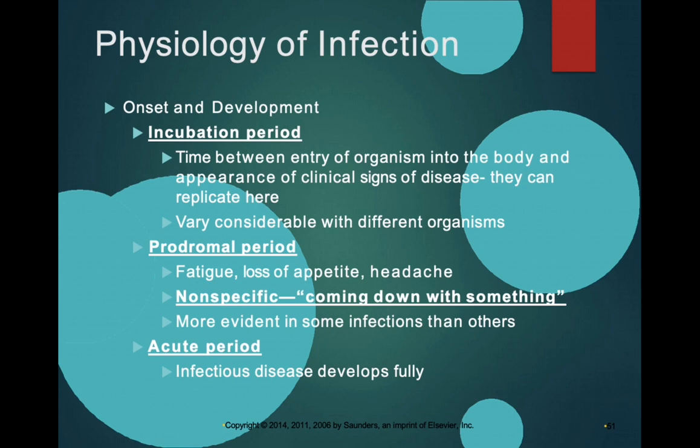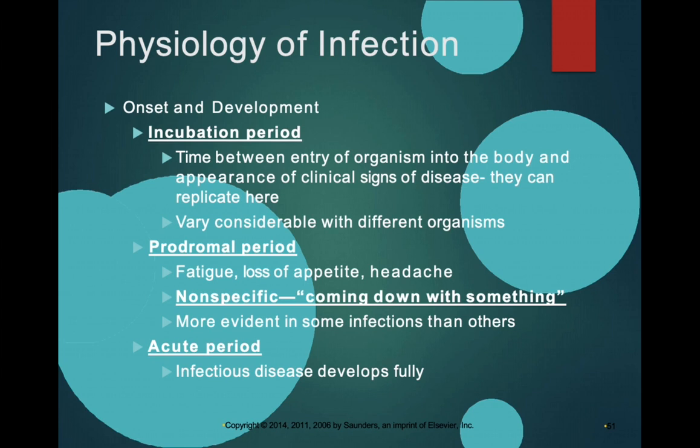In terms of onset and development, the incubation period is the time between entry of an organism into the body and the appearance of the clinical signs of the disease, right? That is the incubation period. This is where things can actually replicate. The prodromal is when they start not to feel too good.